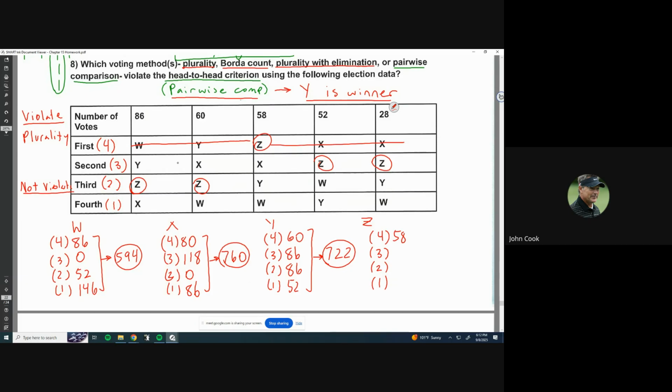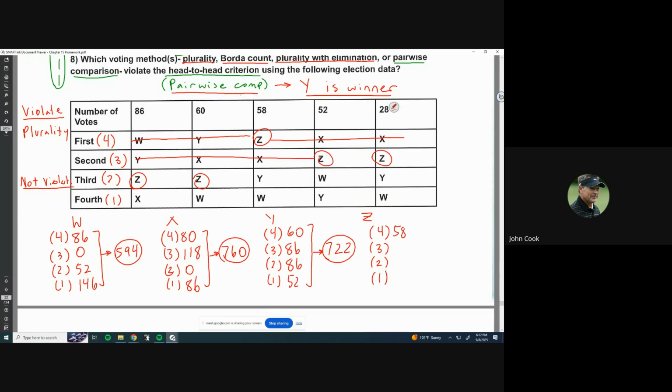Second place votes, we go to, let's see, 52 and 28, which is 80. Third place votes, 86 and 60. That's 146. And then no last place votes, so 0. Okay, let's see what that total gives us. 58 times 4 plus 80 times 3 plus 146 times 2 plus 0 times 1. That's 764.